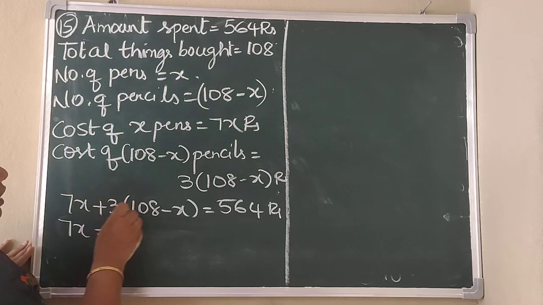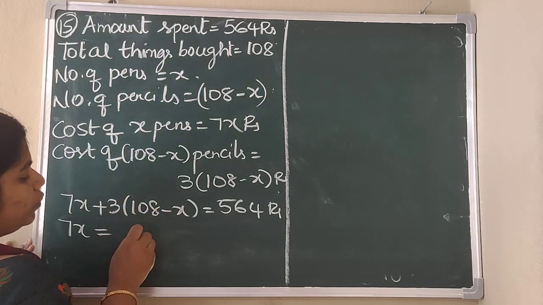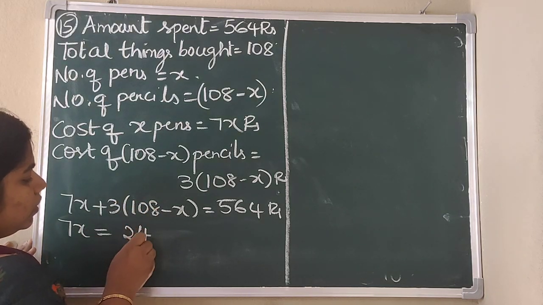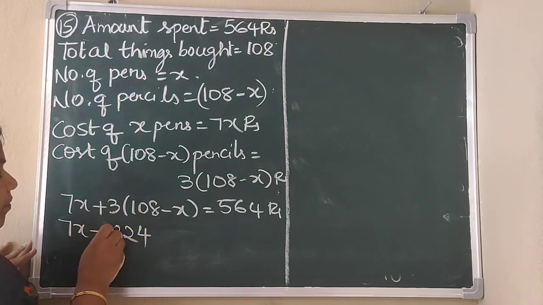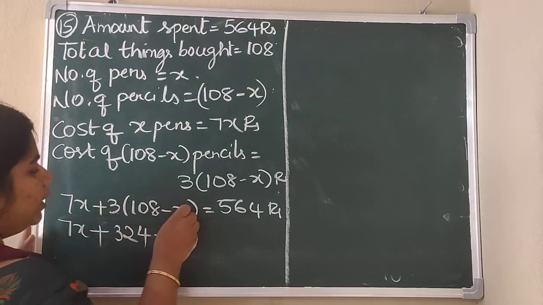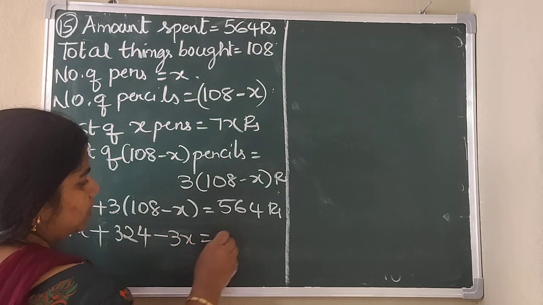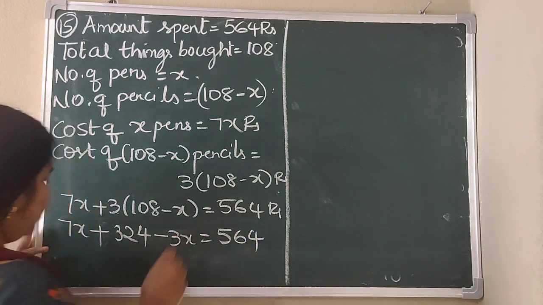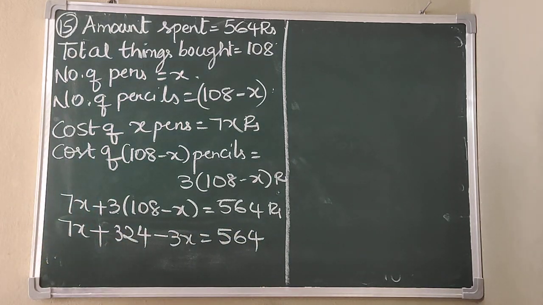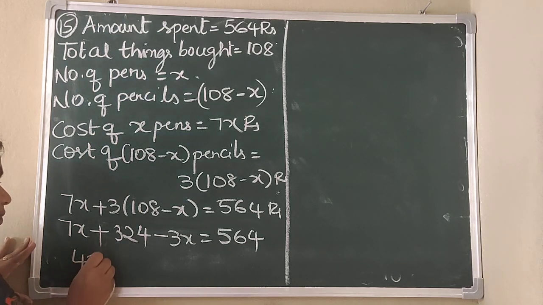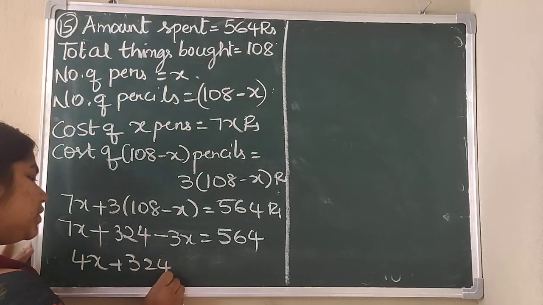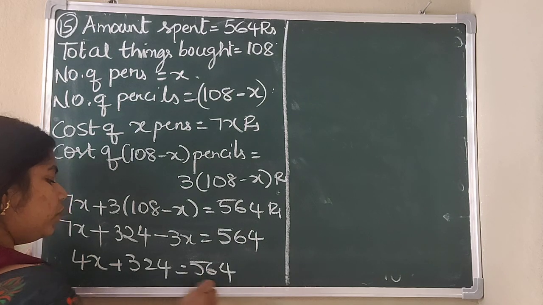7x plus 3 into 108. 3 8s are 24, so it will be 324 minus 3 into x, that is 3x, is equals to 564. Now 7x minus 3x will be equals to 4x, plus 324 is equals to 564.